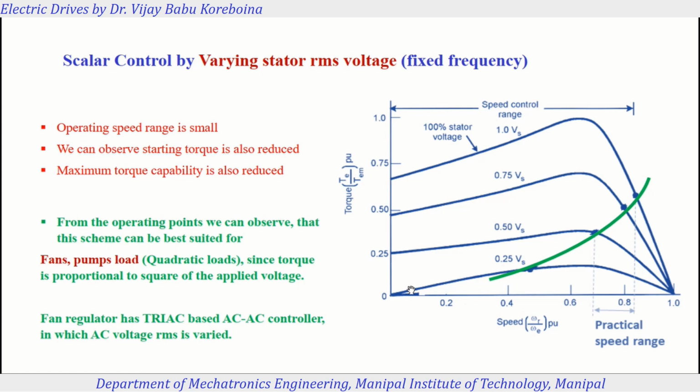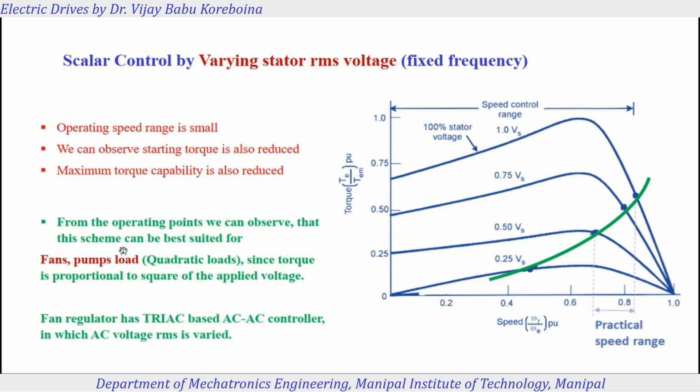And the problem with just varying RMS voltage is that control over a wide speed range is not possible. So such kind of control is very feasible for fan kinds of load, pump kind of load.